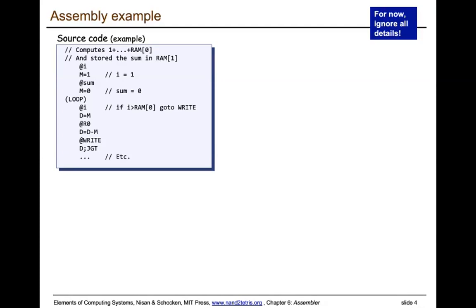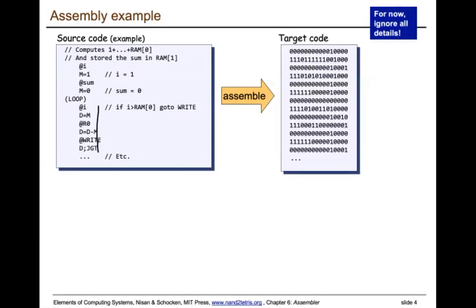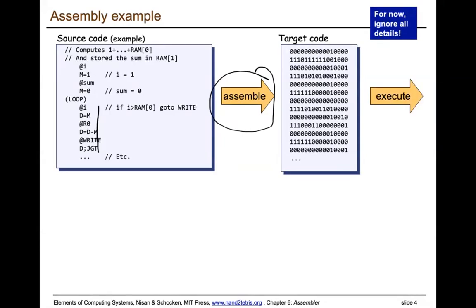Then if i is greater than 0, I will do the whole work. This goes through your assembler, and then it will give you the target code. This is the fundamental idea. Then this machine code can be executed by our CPU or by our Hack machine.